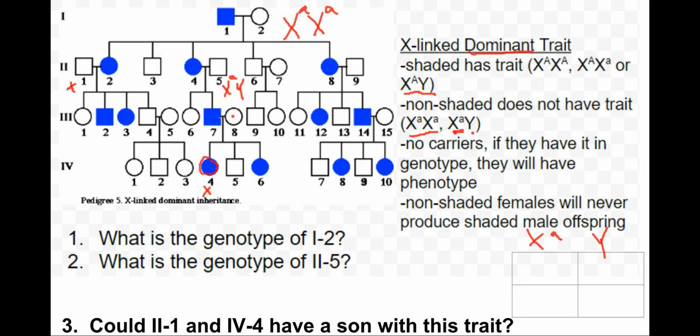So, and this dad having it has to be, okay, sorry, this dad is X small a, Y. This mom does not have it. So she is XA, XA. Oh, I'm sorry. So yeah, this dad is right here.